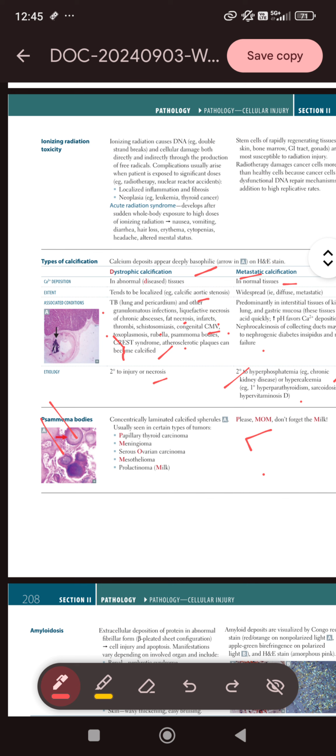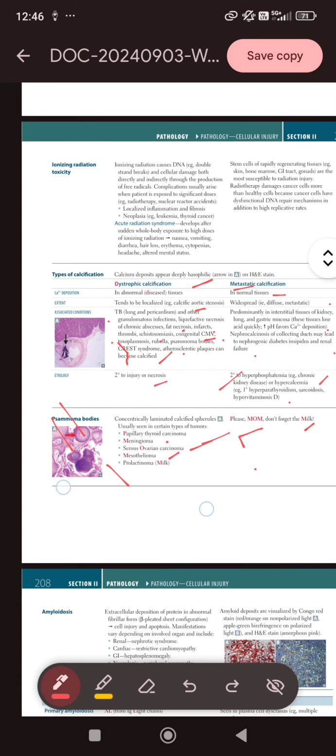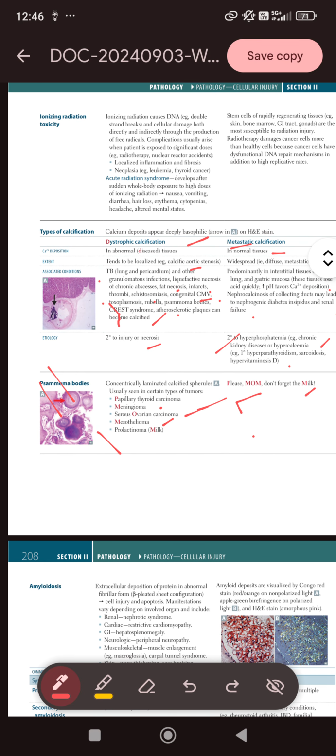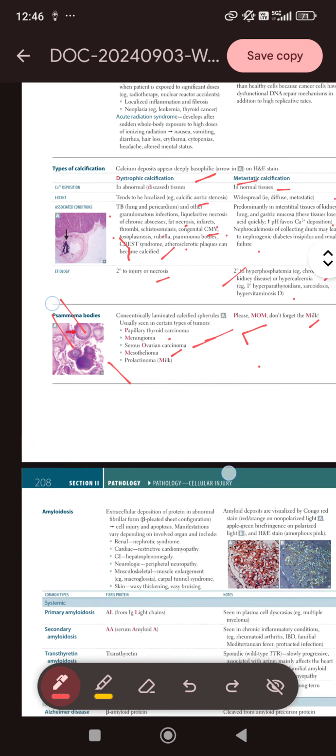P is for papillary thyroid carcinoma, S for serous ovarian carcinoma, M for meningioma or mesothelioma, and from milk we can learn prolactinoma. Here we should know the definition of it, and along with that the examples which come into this category.